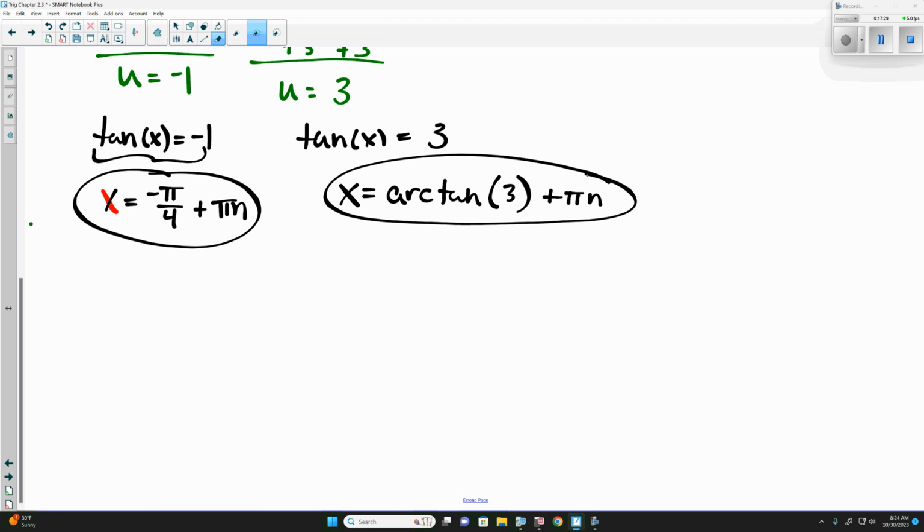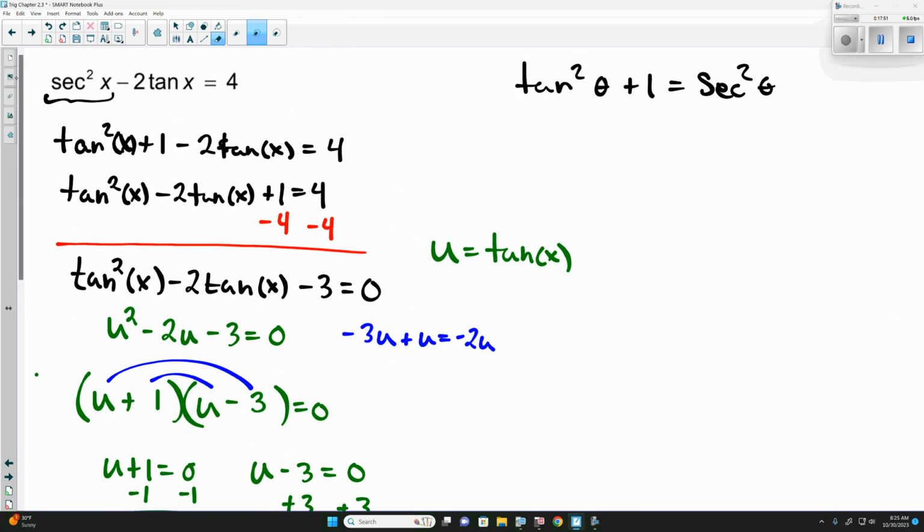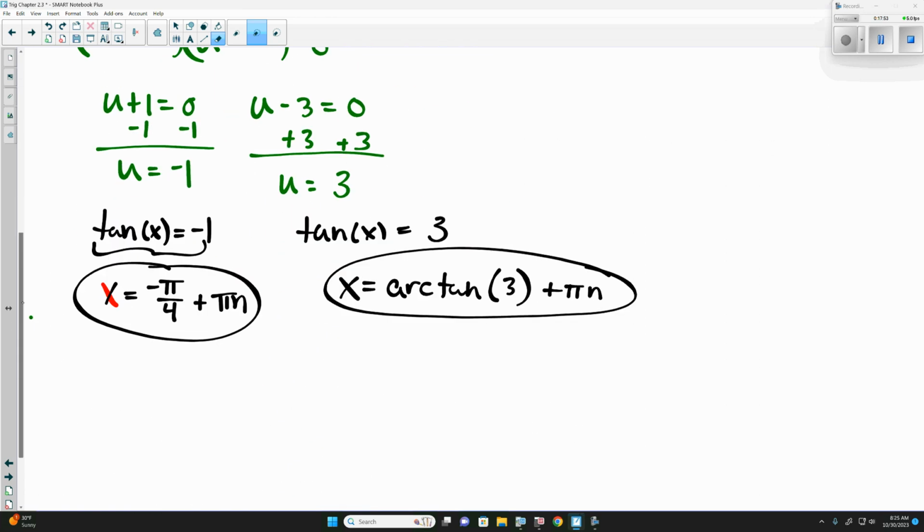The book actually does leave it as arctangent of 3 plus pi n. If we were restricting it between 0 and 2 pi, then we could have 4 values and do a decimal approximation. But we're leaving it as this here. My best guess, interpreting from the book, is that it just said to solve, we did, and we found it in the general form.